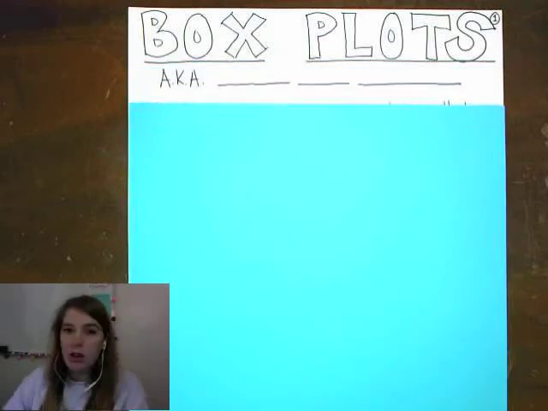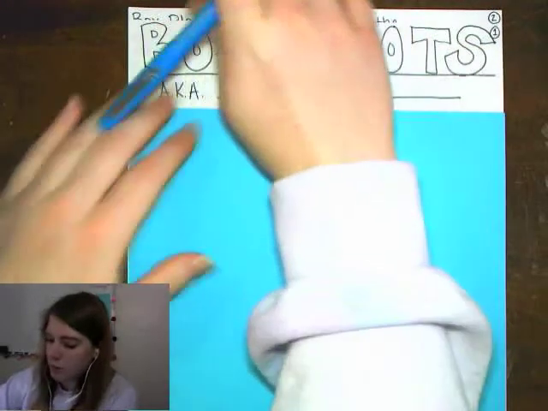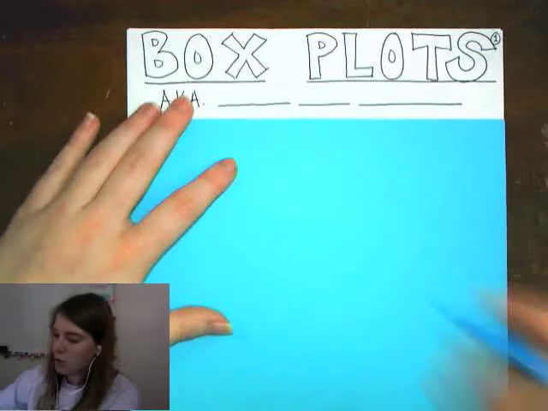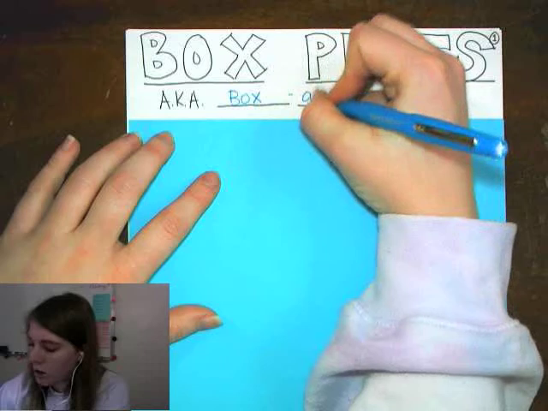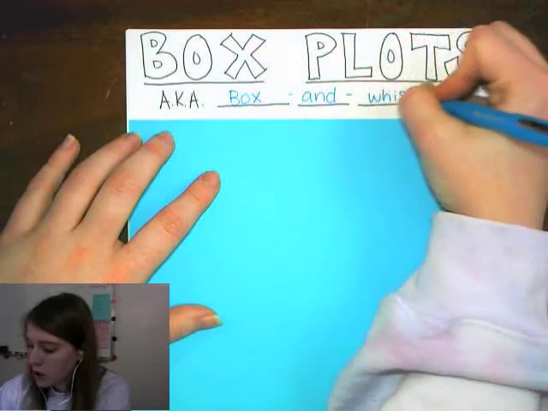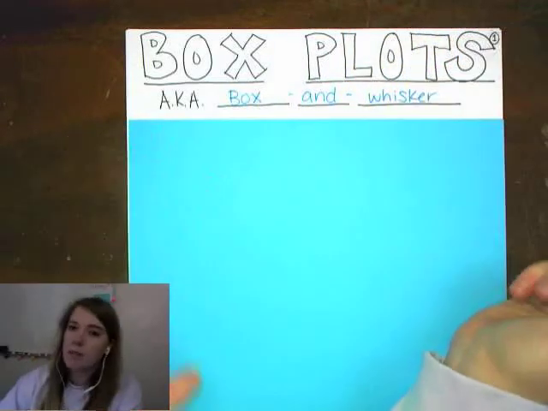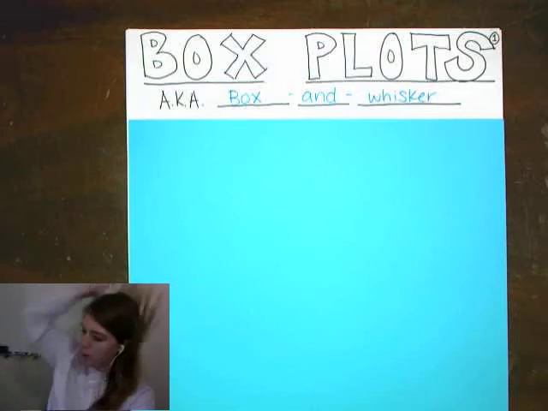Box plots are also known, so if you have a parent or guardian that's helping you, or an older sibling, they might recognize the name box and whisker plot. I'll talk about when we make it where that whisker name comes from.